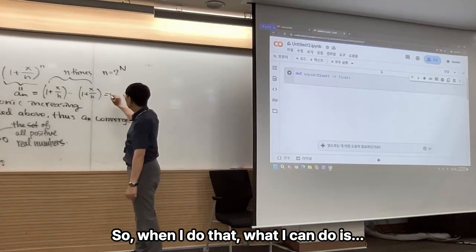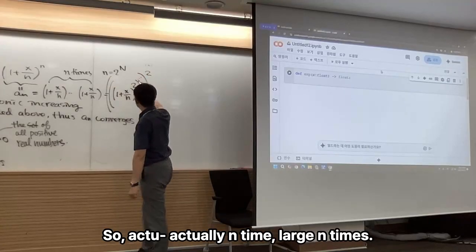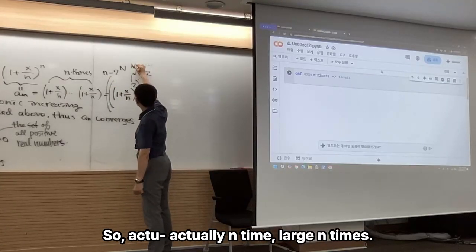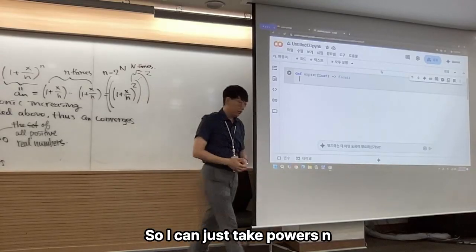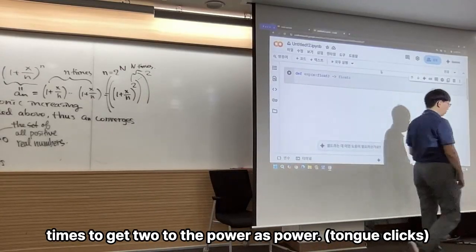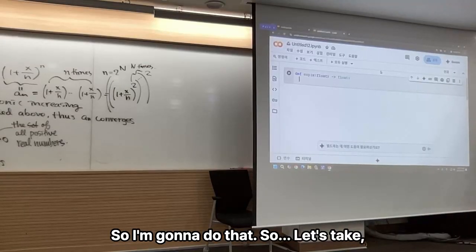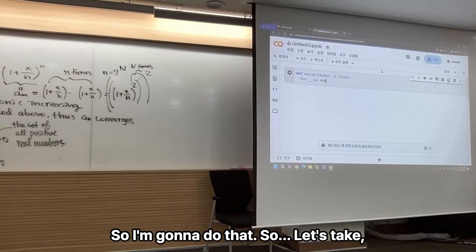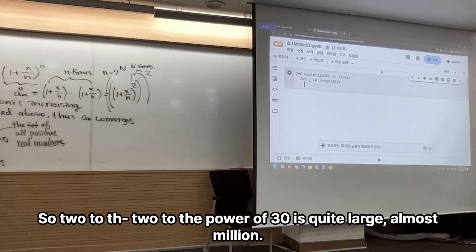So I can simply take the square many times, large n times, to get 2 to the power of that exponent. So let's take the power of 30. 2 to the power of 30 is quite large, over a billion.